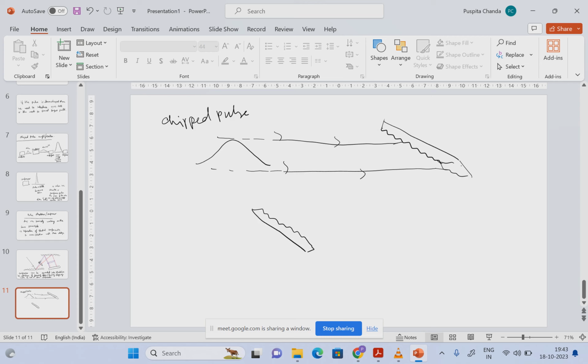Because of the different orientation, this is red and this is blue.